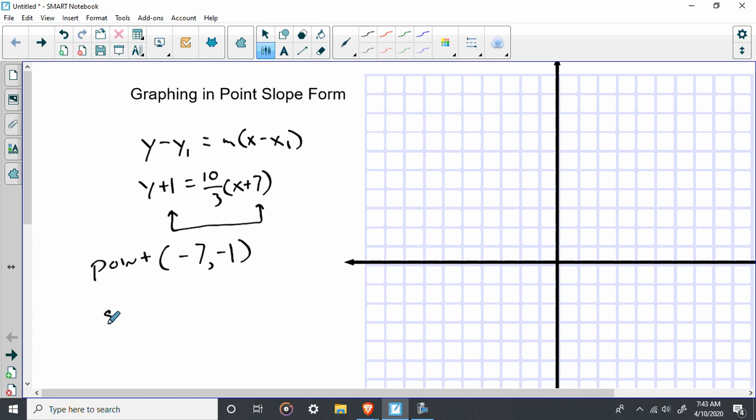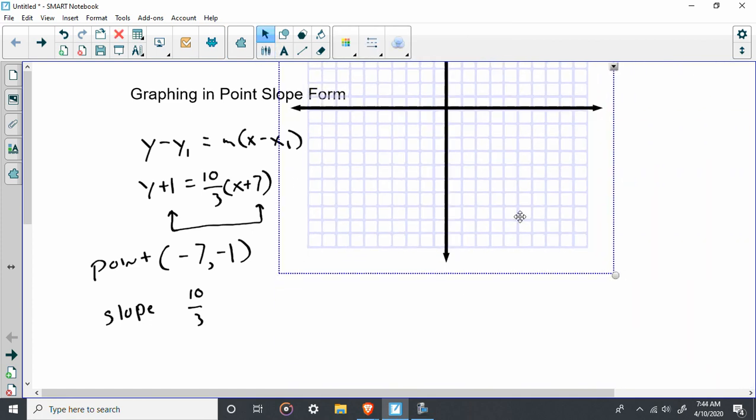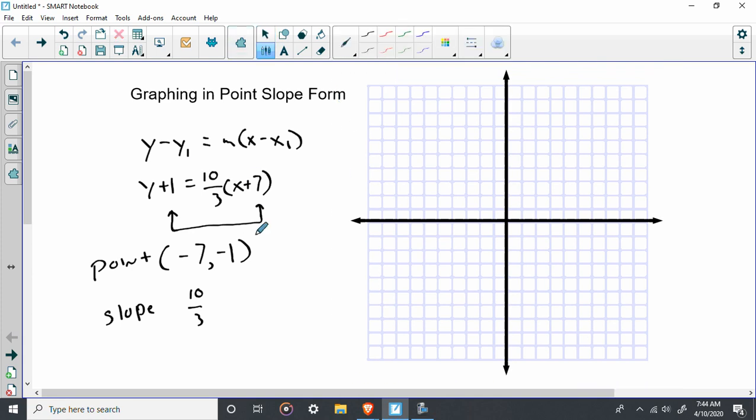And your slope is going to be 10/3. So again, where am I starting from? I have to make this graph a little bit smaller. The other ones we started from the y-intercept, but with this one, you're going to see the y-intercept is going to be a fraction, so it's not really an option with this one.